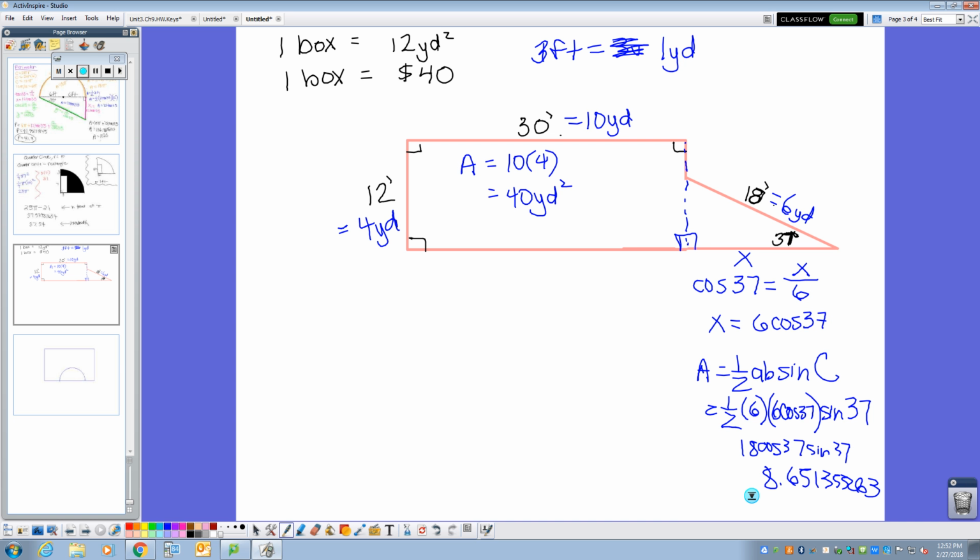So now when we want the area of this full figure, we need to add some stuff up. So we have 40 square yards in the main part of the room, plus our 8.6.